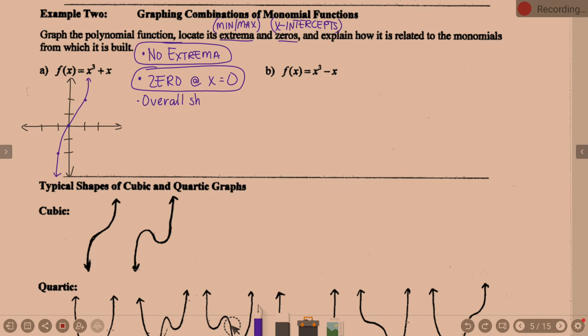Overall shape is like y equals x cubed. But near the origin, shape is more like y equals x.